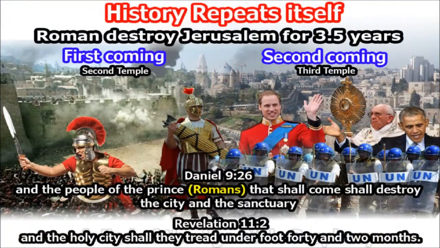These Roman emperors, kings at that time, were brought in to destroy the temple in Jerusalem. 5 kings have fallen: Galba, Otho, Vitellius, Vespasian, and Titus. They were the ones that destroyed Jerusalem and the temple.